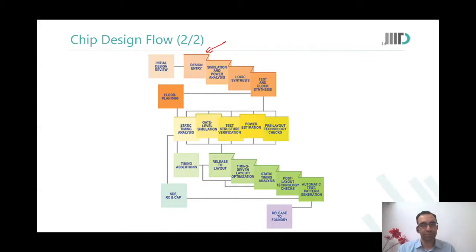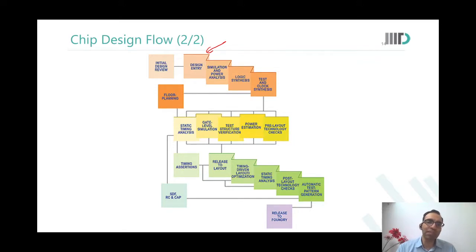Okay. So can you briefly explain how these interconnections are made between the different boxes you have made? Yeah. So, for example, static timing analysis, gate level simulation, etc., are all running in parallel. While STA has something to do with floor planning and other stuff, gate level simulation has nothing to do with it.